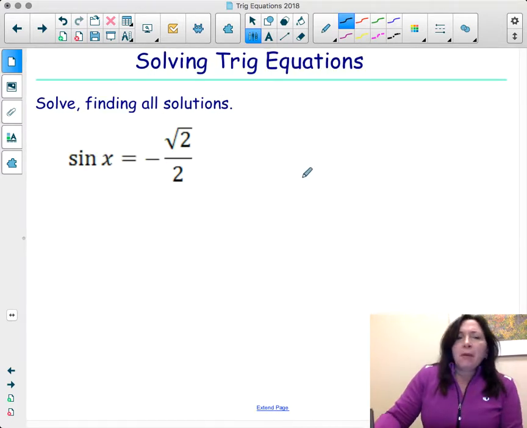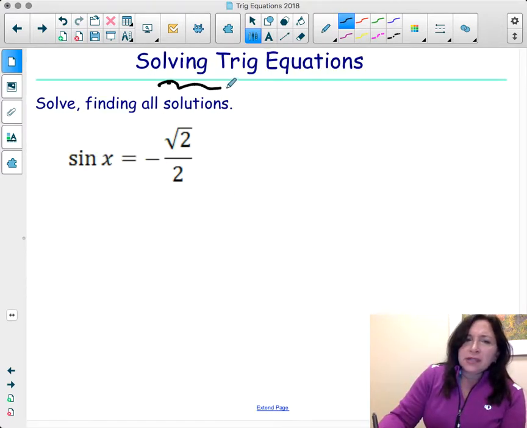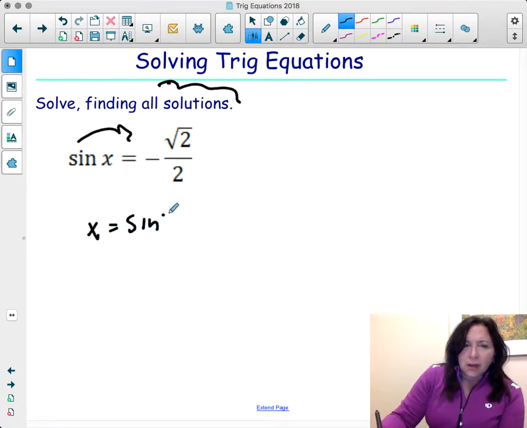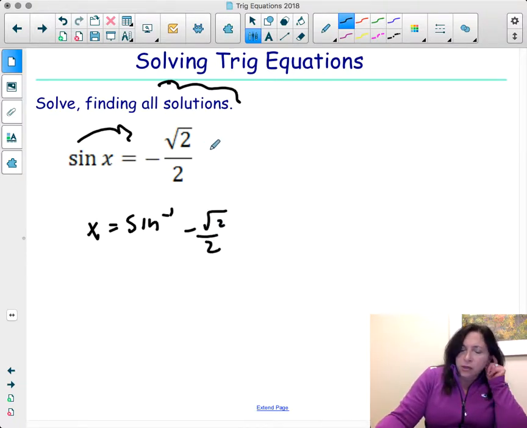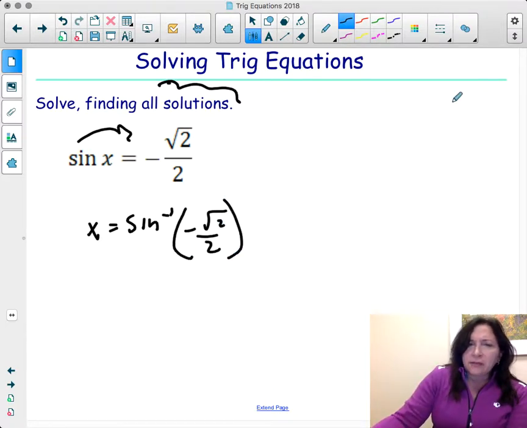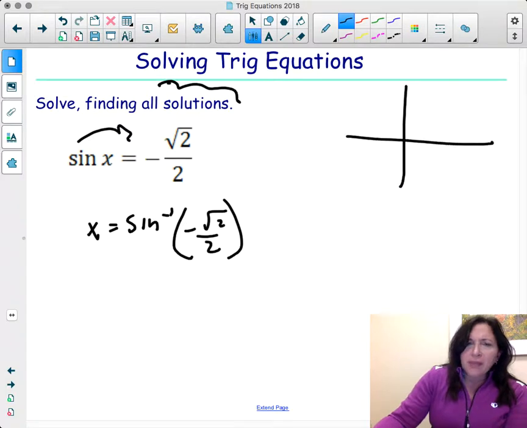Okay, next problem, we're going to find all solutions again. So we're going to get sine over to the other side. So we have x equals arc sine of negative root 2 over 2. All solutions, no restrictions. In doing this problem, where is sine negative root 2 over 2? I'm thinking sine being all students take calculus.